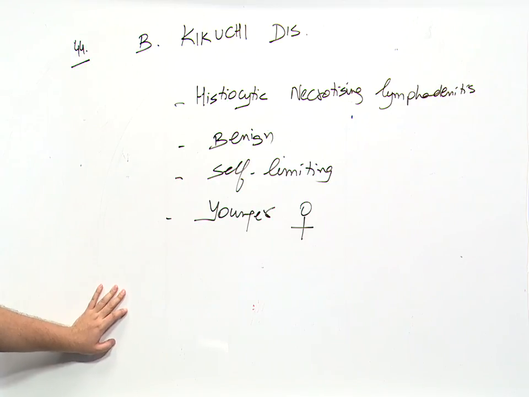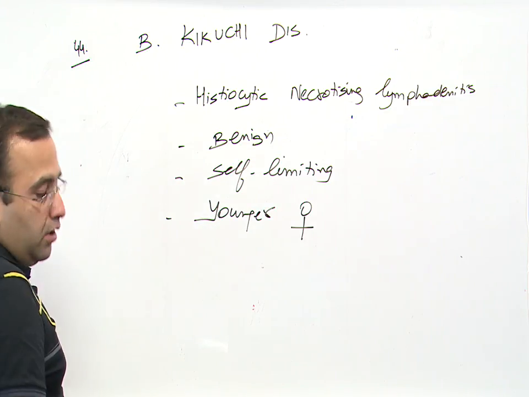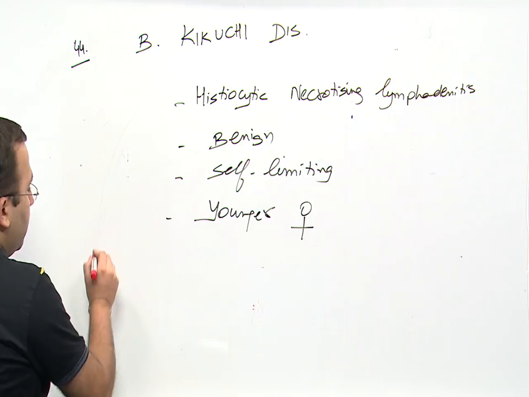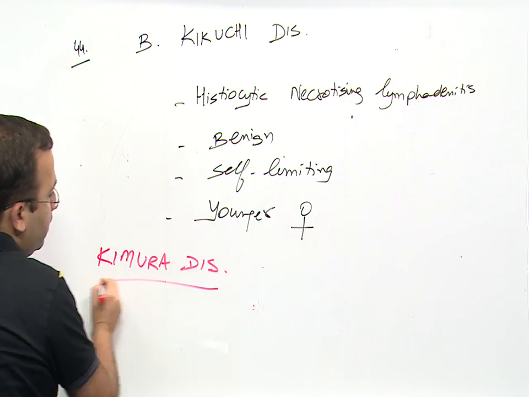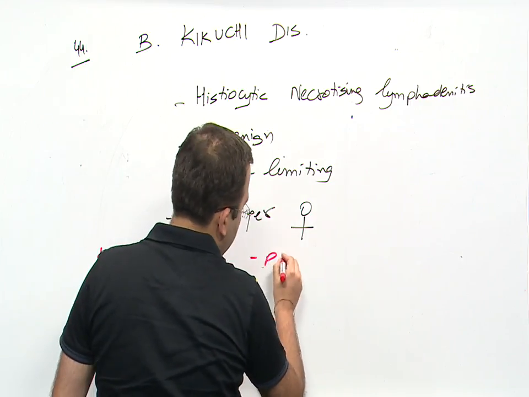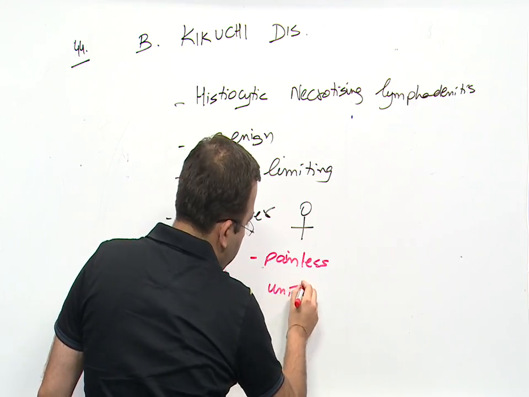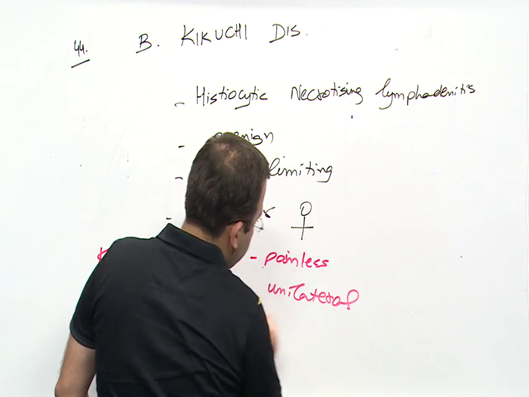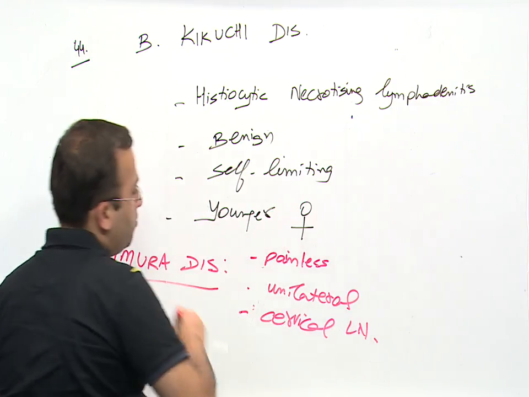On the other hand, Kimura's disease most commonly manifests as painless unilateral cervical lymph node enlargement.